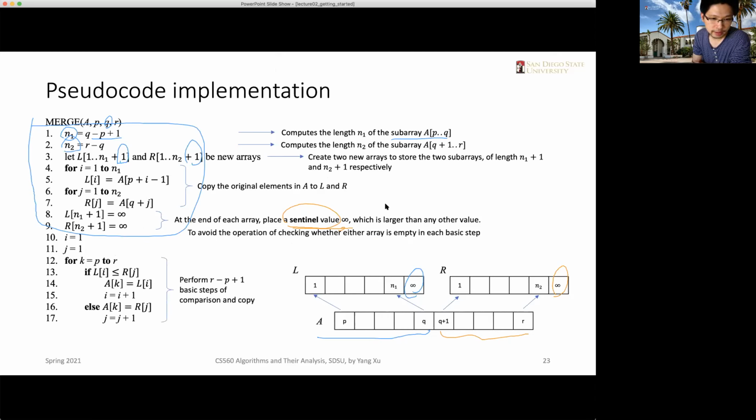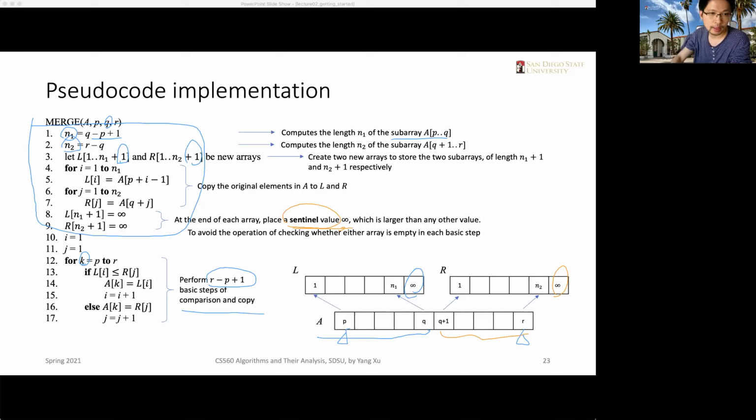It will basically perform that many basic steps of comparison and copy. The for loop counter is K. K will iterate from P to R. It basically iterates through all the elements in the input array.